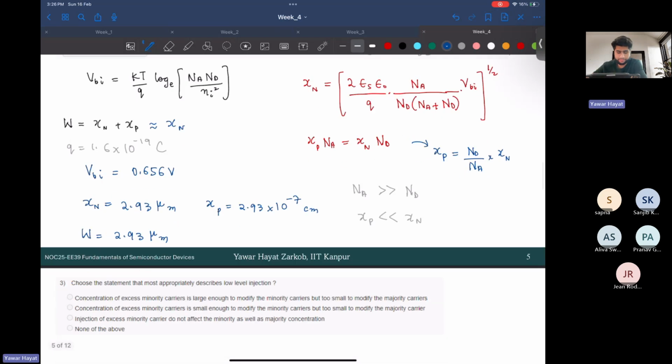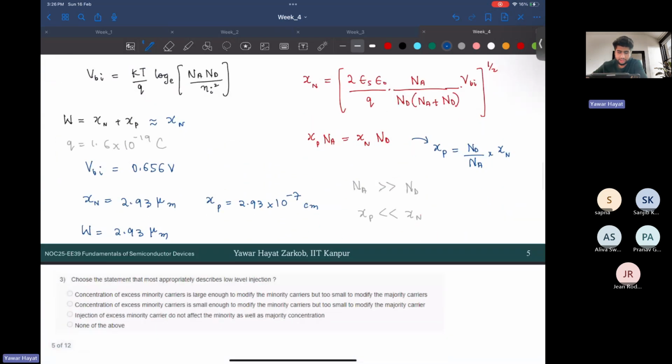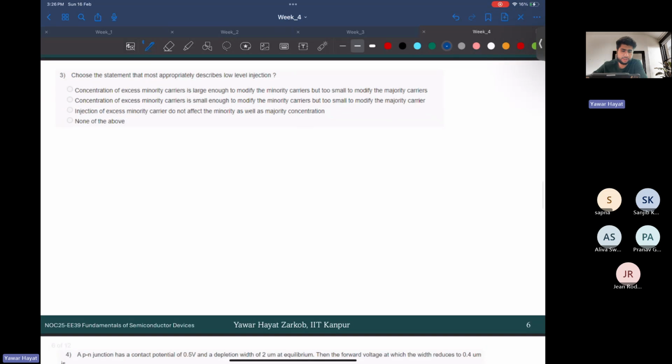To verify it, okay? So this finishes our second problem. Now let's move on to the third one. Choose a statement that most appropriately describes low level injection.